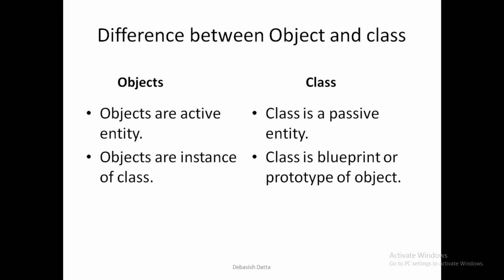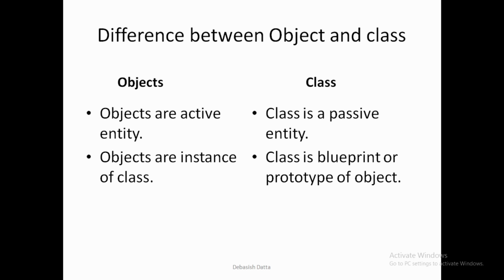What it means by active entity is that for an object, main memory or computer RAM will be allocated.